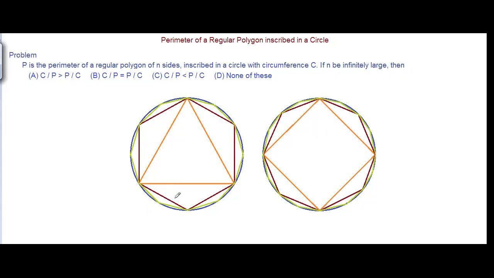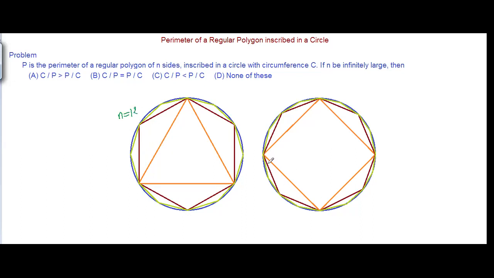I have copied the case in which the triangle had 3 sides, then double of that means we made a 6-sided polygon, then double of that means this is the case of n equal to 12.